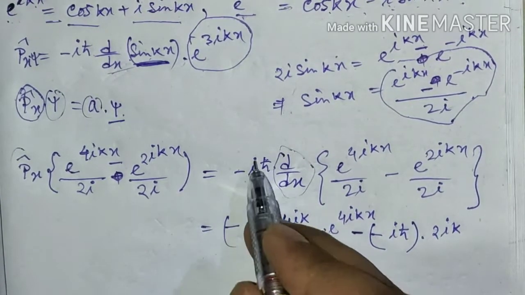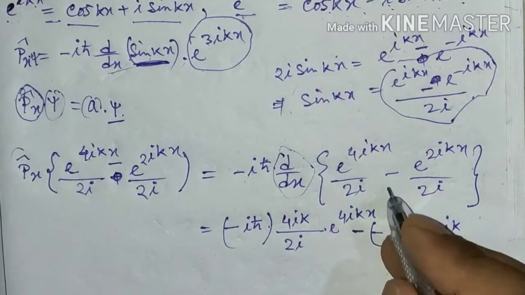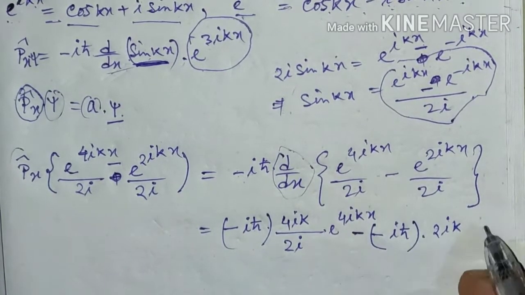We are just bringing this minus i h cross within this bracket, so it will come as minus i h cross, and here is minus, so it is as minus.